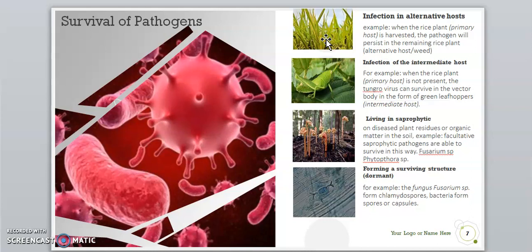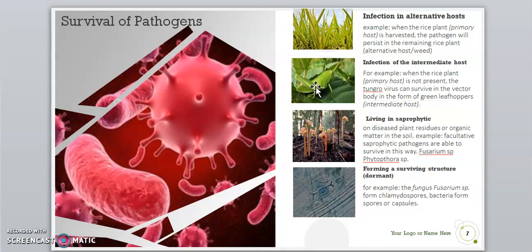Usually around the rice there are many weeds, and then they can live in another vector alternative, like grasshopper. For example, when the rice plant primary host is not present, the Tungro virus can survive in the vector body in the form of green leafhopper, but the leafhopper is not sick.